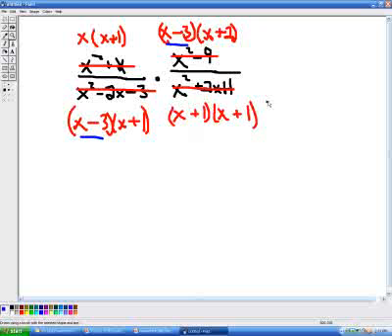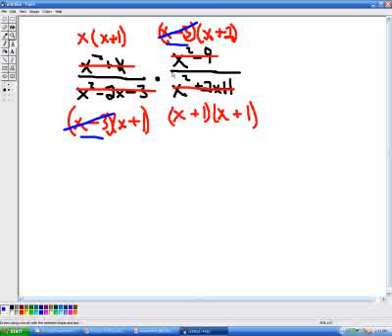Remember, when you multiply fractions, you just multiply straight across anyway. So all these numerators come together, all these denominators come together. So it doesn't matter that you're going from one fraction to the other. What does matter is that you always go from numerator to denominator. So this x minus 3 in a denominator can be canceled with an x minus 3 in a numerator. That's perfect. Those are gone now.